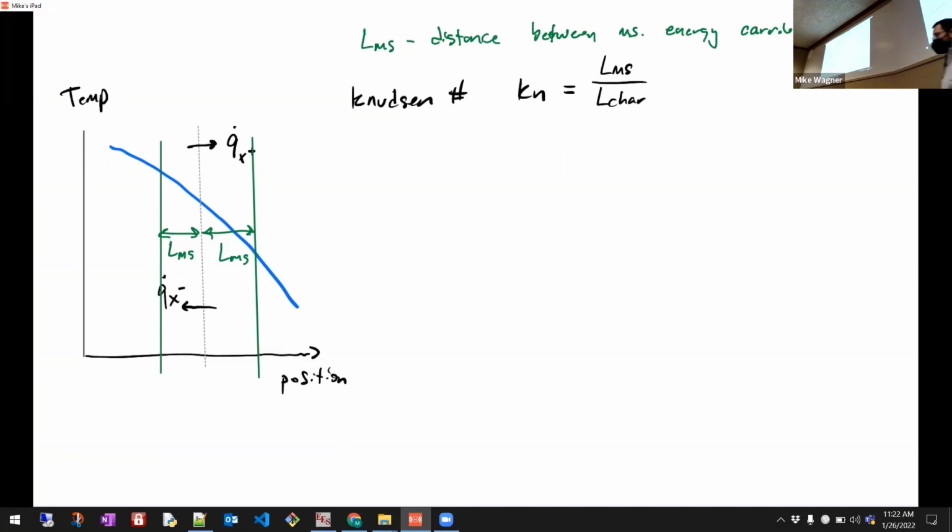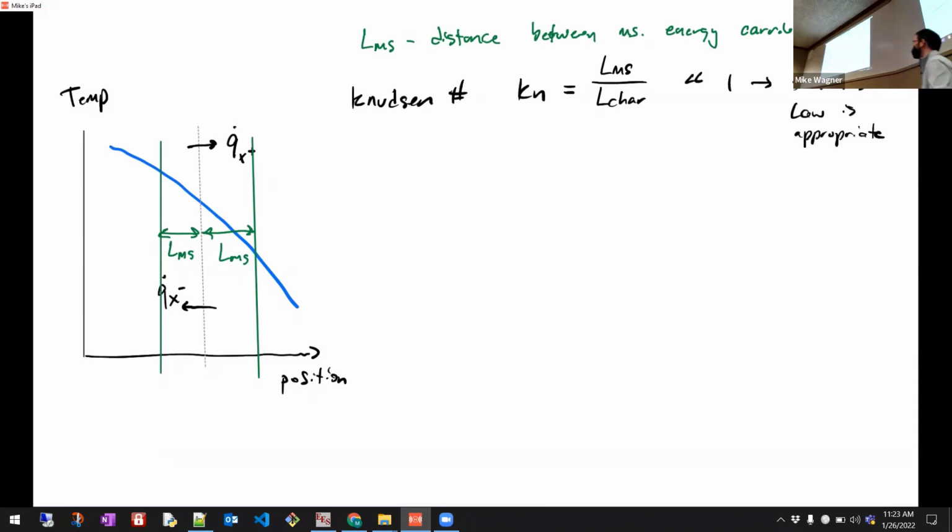If I'm looking at a body that's relatively big, continuum big, and the interactions are happening on the molecular level, clearly LMS is much smaller than L characteristic, which would be the size of the block I'm looking at. Clearly, it's much less than 1. In that case, we can say Fourier's law is appropriate.